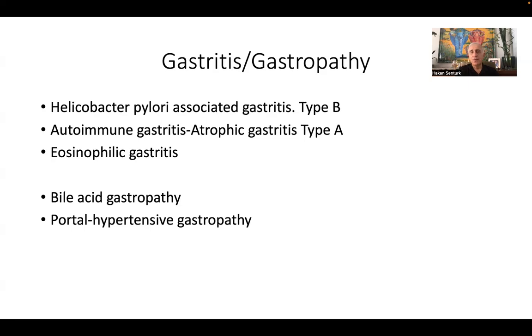And in these patients, there is a 0.5% per year risk of gastric carcinoma development. So 5 in 1,000 of these subjects will develop carcinoma yearly. It is a very, very low rate, but it is still increasing the gastric carcinoma frequency.